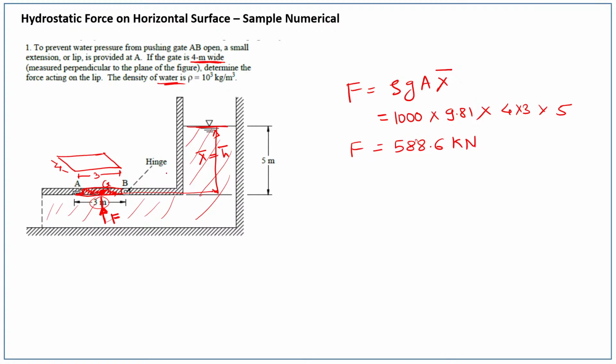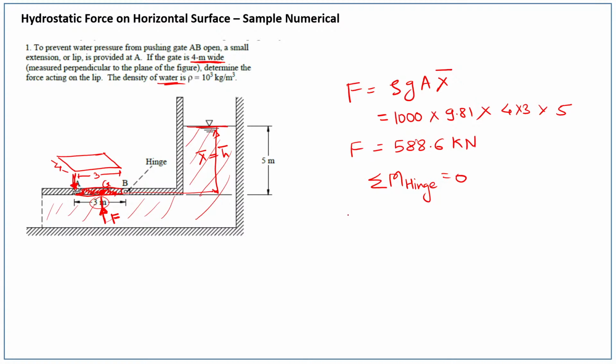Then in the question, you have to find out how much force is acting on this point A. Now for that, we have to consider the moment about the hinge. Since it is a hinge, the moment about the hinge is equal to 0.